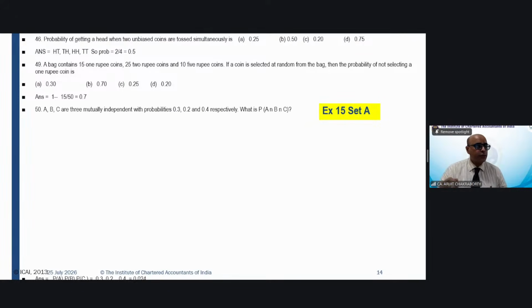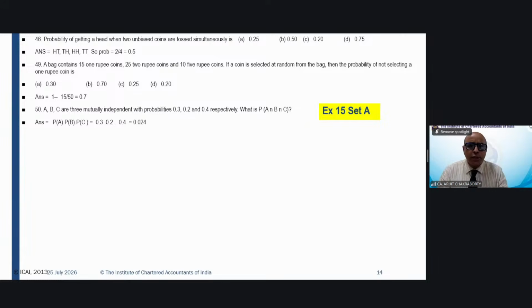This is 49th question. Next, we have another very interesting question. A, B, C are 3 mutually independent events. They have probability 0.3, 0.2, 0.4. What is the probability of A intersection B intersection C? So we know when events are independent, what is the joint probability?